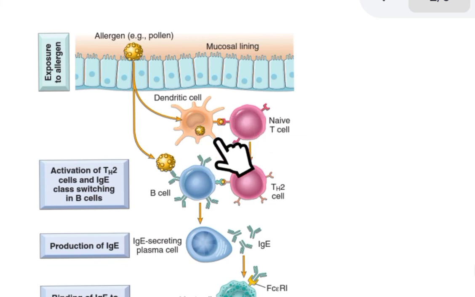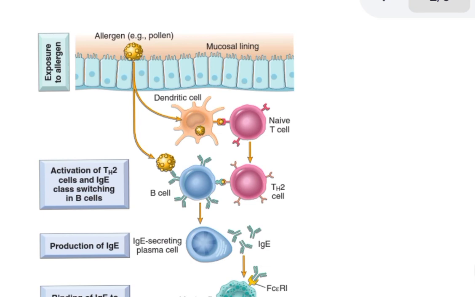The naive T cell recognizes this epitope and matures into a T helper 2 cell. Once it becomes a T helper 2 cell, it is now able to produce cytokines that are going to activate the B cells, eosinophils, as well as the epithelial cells.